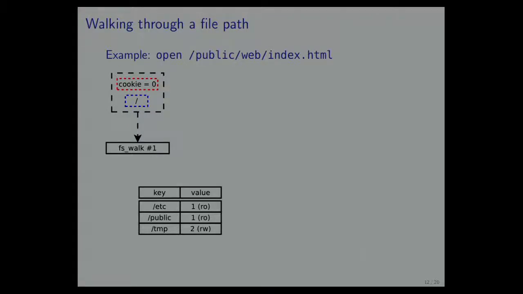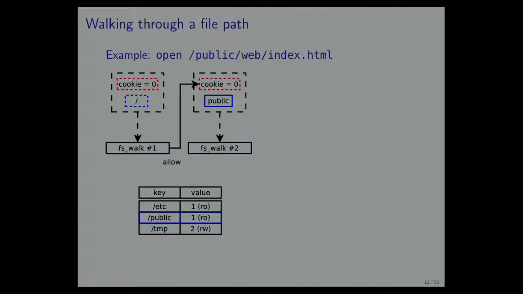So this fswalk program, when executed, looks for the inode, the file, in this map. There is no slash in it, so it just allows the path to go through, and then there's another one which is executed. This fswalk program can then look at which inode is requested.